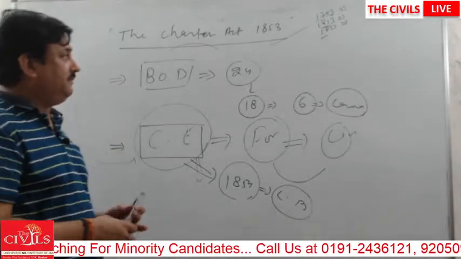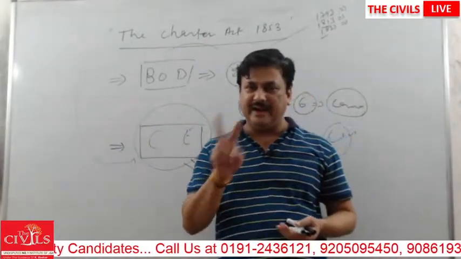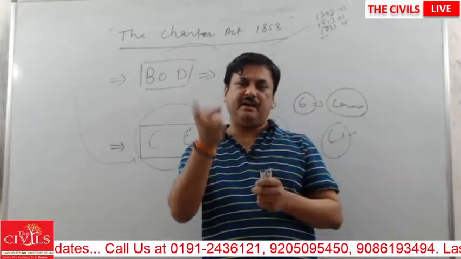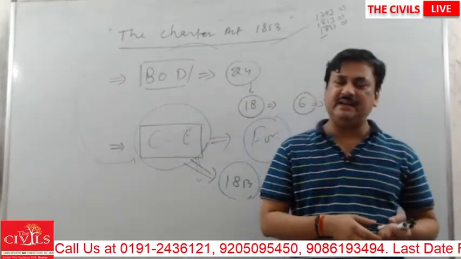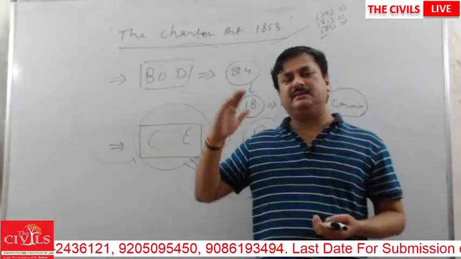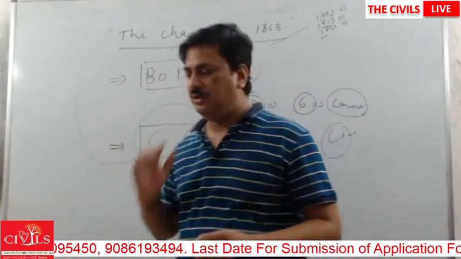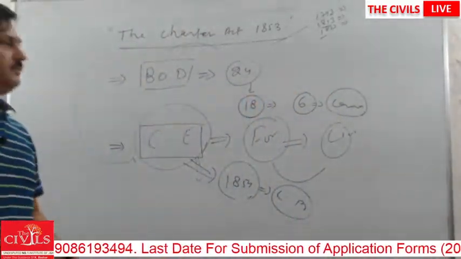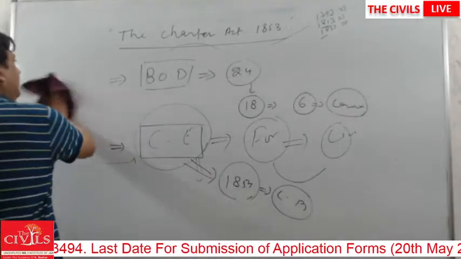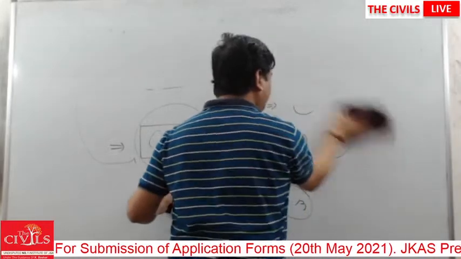In the first class of the constitutional development of India, we divided it under two headings: the first was under East India Company, and the second was under Crown rule. Now I am going to discuss the constitutional development under Crown rule in India.